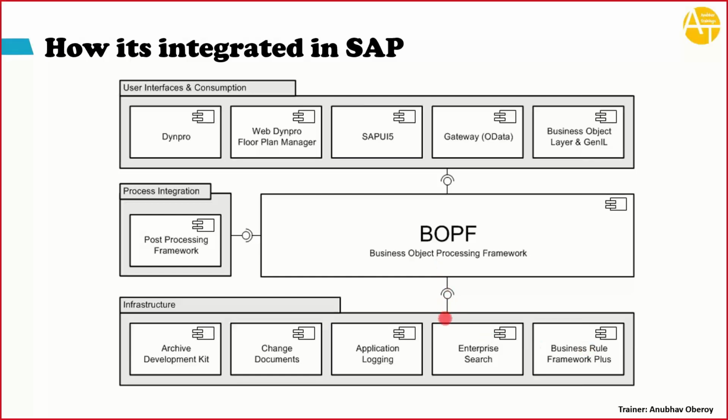With all of these frameworks and infrastructure, BOPF also has integration. Then comes process integration. BOPF also has integration with process integration, the post processing framework, and the PI component of SAP. It's another component of SAP which also has integration with the BOPF framework.